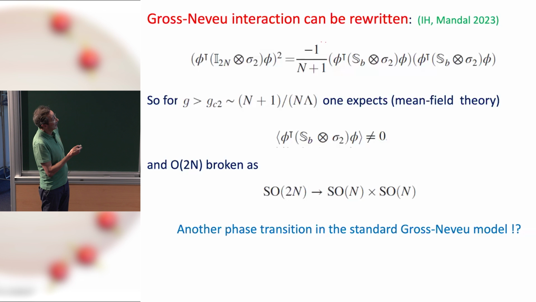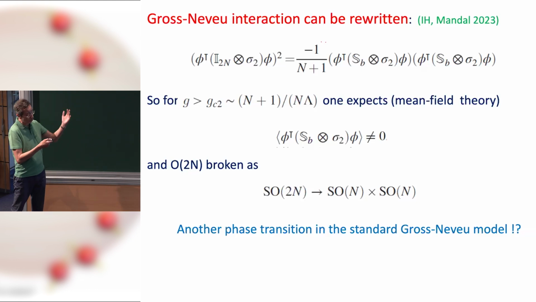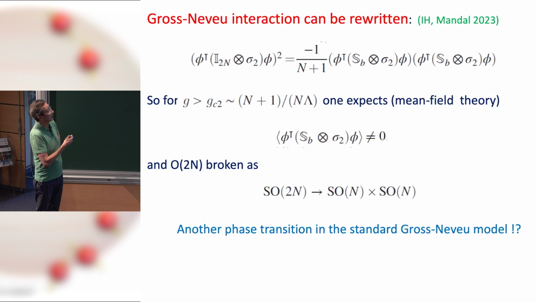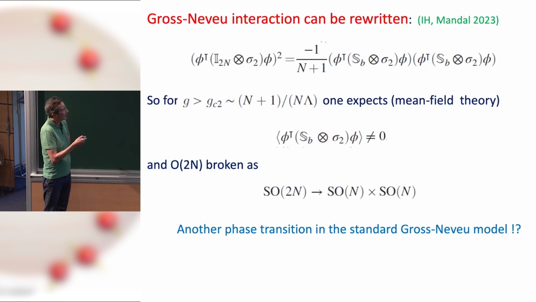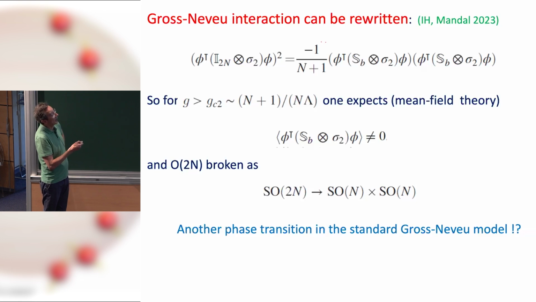If I have a bilinear like this, and sum over this index, which would go from 1 to 35, this is also evidently, if you think about it long enough, a scalar under O8. Since there is only one interaction, this has to be related to the original interaction. And when you work out how this is related, there is a constant in front, which has this n, and also has an overall minus sign.